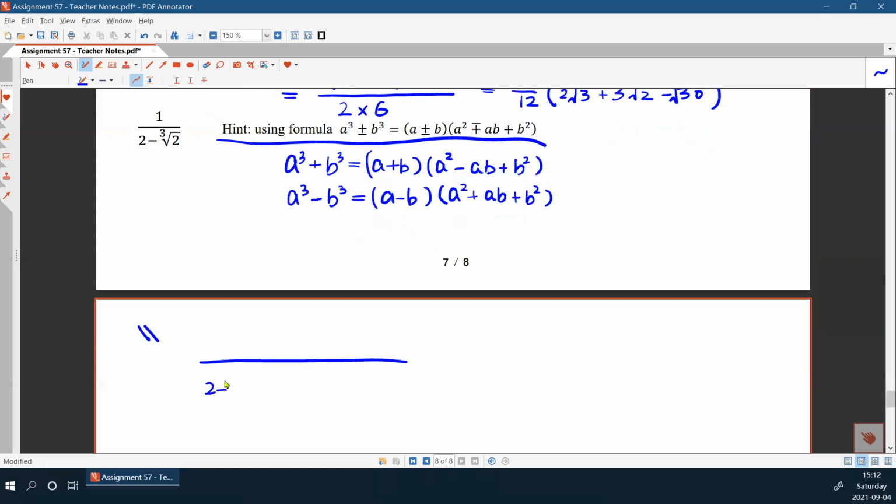So we have 2 minus cube root of 2, right? So if we multiply, first, 2 square plus AB, that means 2 times cube root of 2, right? So this is our A, and this is our B. And then plus B squared, which is cube root of 2 and then squared.